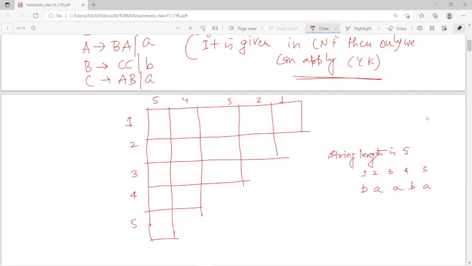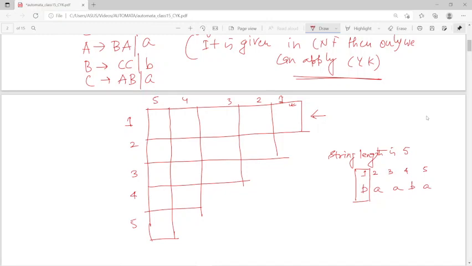First we are starting from the right hand side, right? From the right hand side we start filling, and this is the 1 1 box. That means we are concentrating only on the letter B. 1 2 means BA, 1 3 means BAA, 1 4 means BAAB, right? So this is the 1 1 box. We start filling with that.